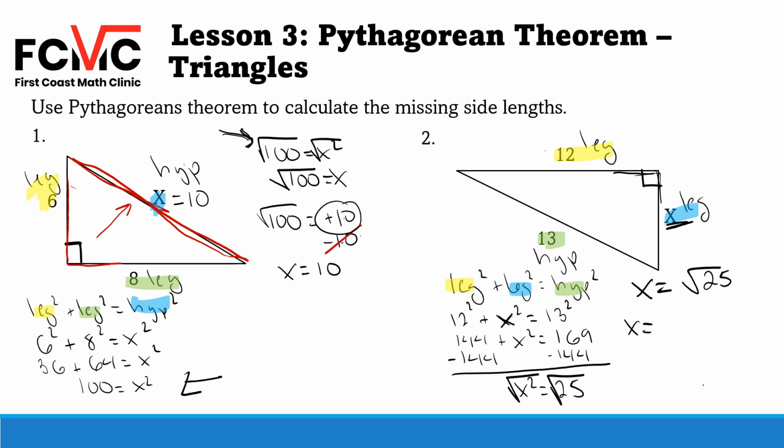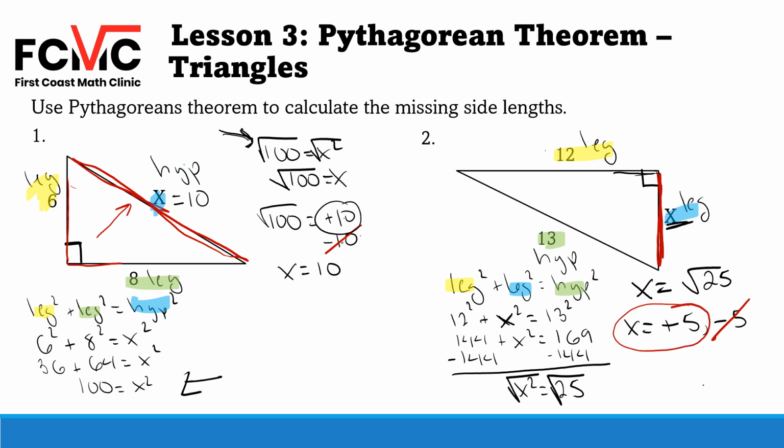From the previous video, lesson 2, we learned that the square root of 25 is going to be positive 5 and negative 5. But if our answer is a physical distance or a length, our answer can't be negative. So we're going to discard the negative answer and keep the positive one. So our answer is going to be positive 5.